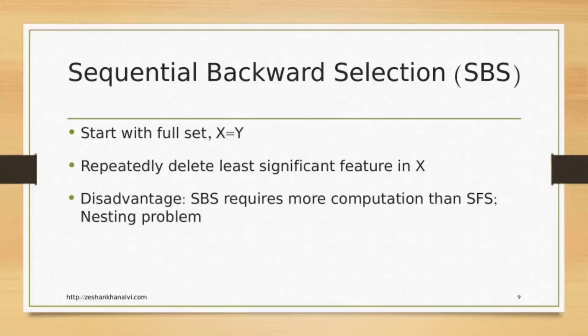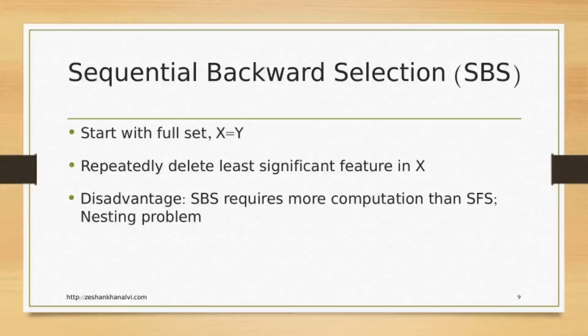Let's assume, as per the previous example, we have features A, B, C, D and E, and first we select all 5 features, and then after rejection of E, the feature set A, B, C and D is the best feature set. But after rejection of D, it is the worst. Now we can reject D or select D, but we can't select the feature E again. That is the disadvantage in sequential backward search.